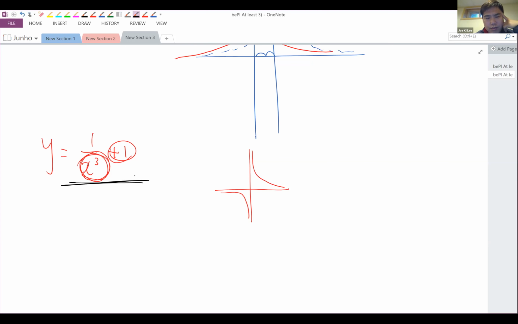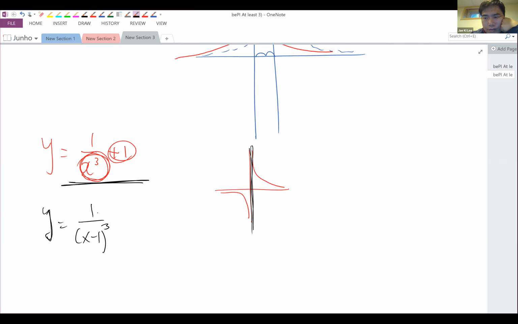Okay, then how can you explain this one: y equal to 1 over (x minus 1) cubed?